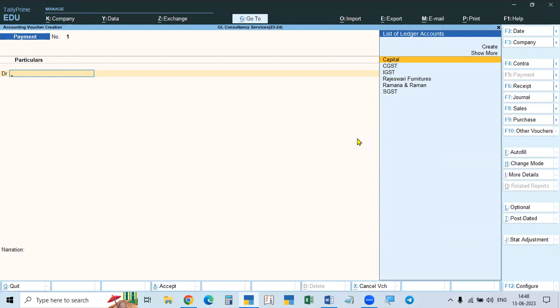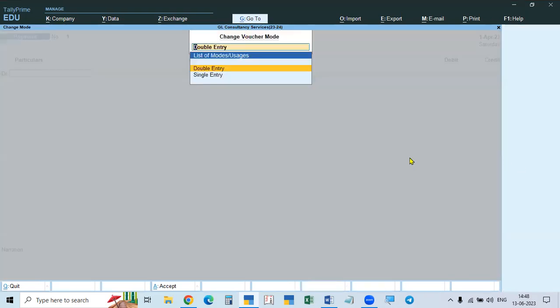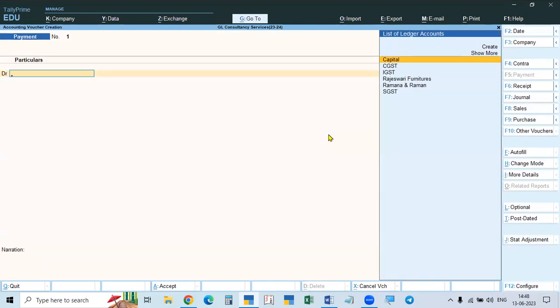Up to that, the vouchers will be the same for any business, because in the case of payments and receipts, the entries will be under double entry mode or single entry mode. From F8 onwards, F8, F9, and Alt F5, Alt F6, that is purchases, sales, and purchase returns, sales returns.